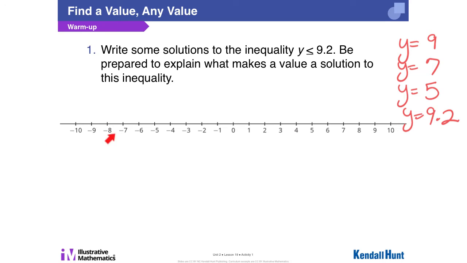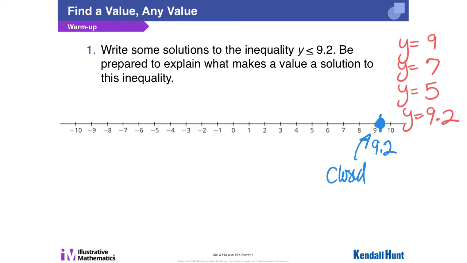I do want you to sketch a number line. You don't have to label everything like this one, but when we show these solutions on a number line, we're going to start with that 9.2, and it's less than or equal to, which means it's going to be a closed circle right there.